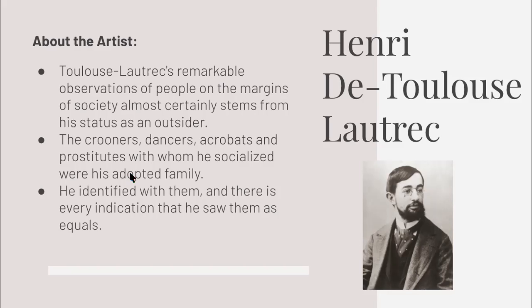He even drew a lot of prostitutes with whom he socialized. They were basically sort of, I hate to say it, some of the outcasts, right, who became sort of his family. People that didn't have much of their own family or much of their own sort of community. He found solace with them. He identified with them, and there is every indication that he saw them as equals.